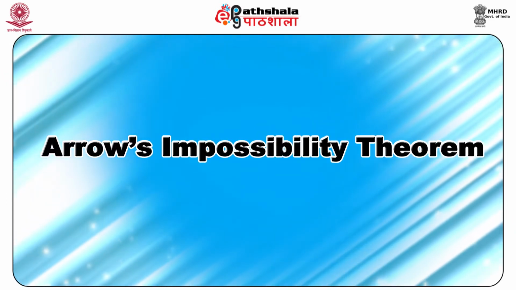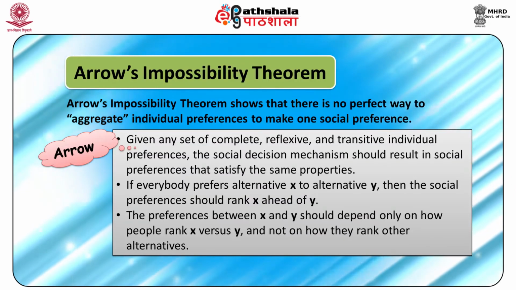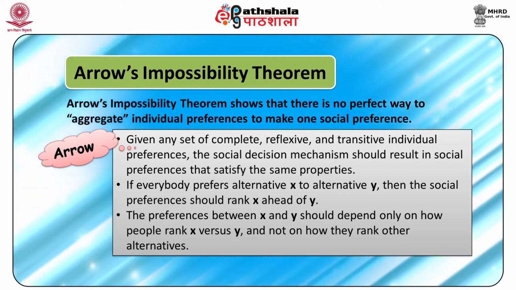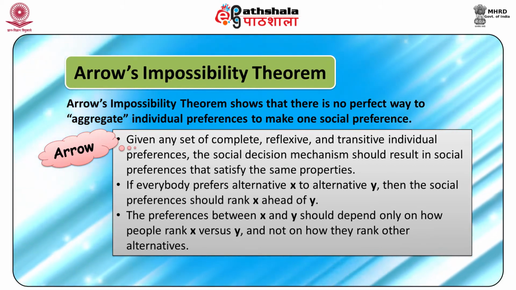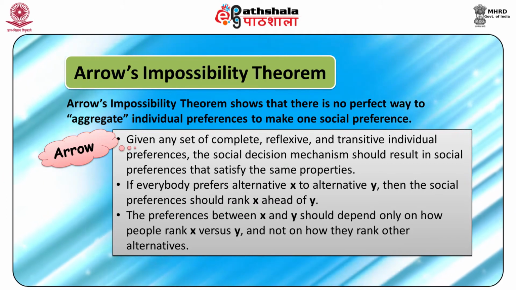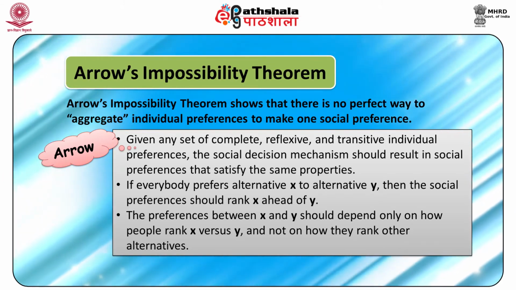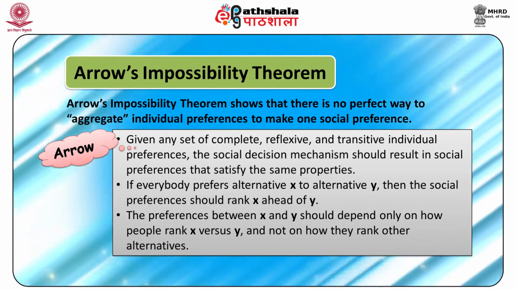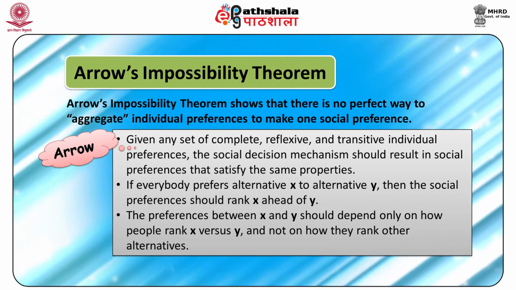Arrow's impossibility theorem. Arrow's impossibility theorem shows that there is no perfect way to aggregate individual preferences to make one social preference. It is pointed out by Arrow that a social decision mechanism, a way of aggregating preferences, should have the following features.